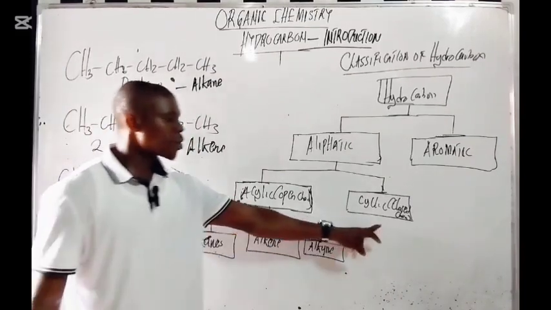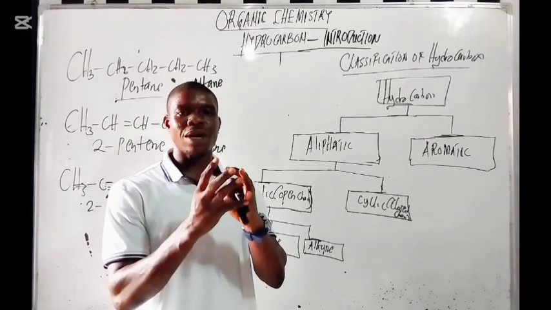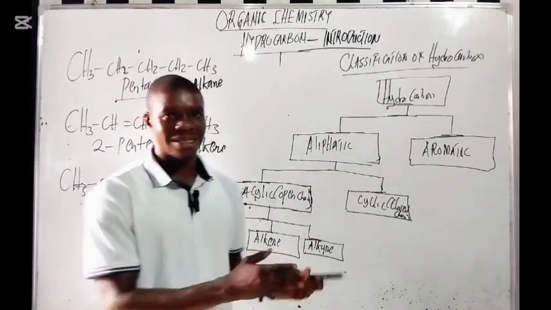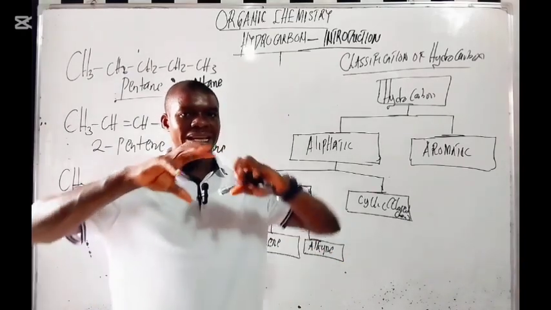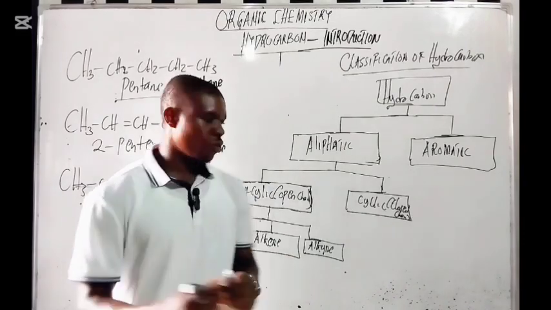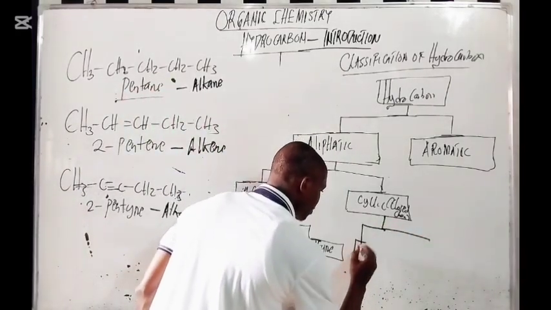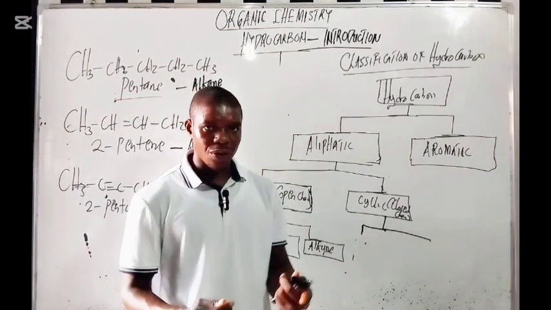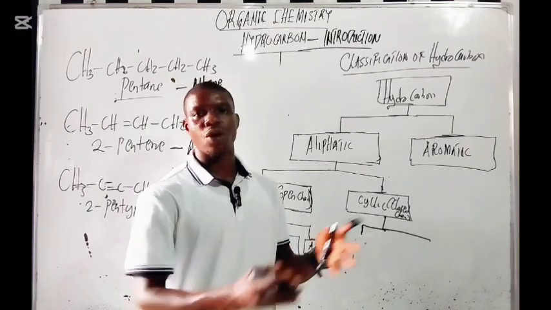Now, when we talk about cyclic, it's called closed. That is why you have cyclo compounds. So it can be cycloalkanes, cycloalkenes, right? We have not seen cycloalkynes before, a cyclic compound that has a triple bond. I believe you have heard of cycloalkanes like cyclohexane, cyclopentane, cyclooctane and the rest.